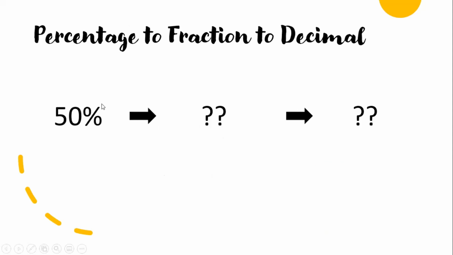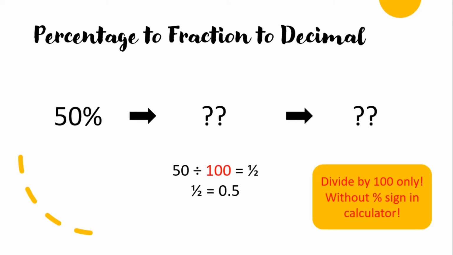So how about this change to this and this change to this? 50% is equal to what fraction? What is the fraction and what is the decimal? 50% is 1 over 2. I say again, if I take out the percentage sign, this is 50 over 100, which is 50 divided by 100, without the sign, remember, and is equal to half.